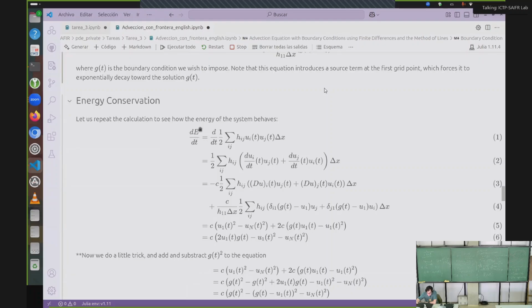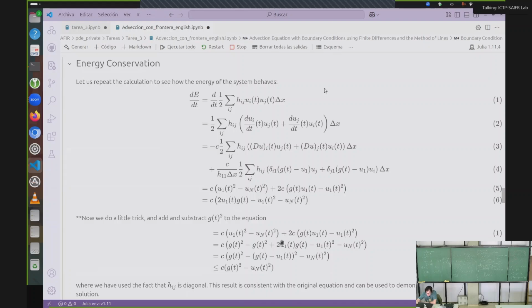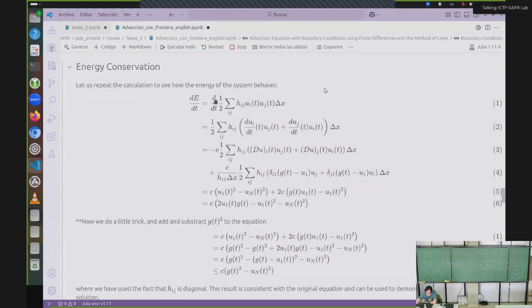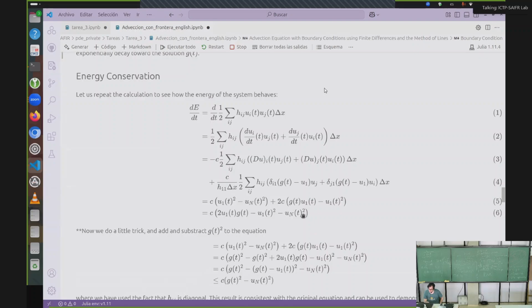So we can actually do the energy conservation of the system. And what we will see is that the energy, if you solve this equation and we develop it, right, which is quite easy to do, you just need to use the fact that we are using a summation by parts operator, so you can get just the boundary elements, and then you do a term here with the SAT, which is also easy to do because we have this delta, so we are also working just with the boundary.